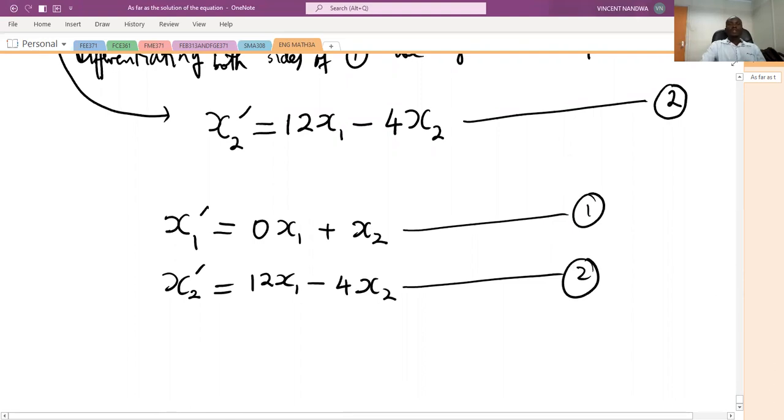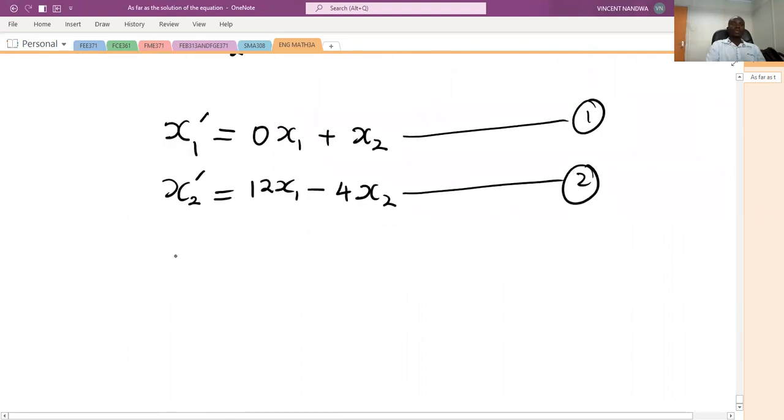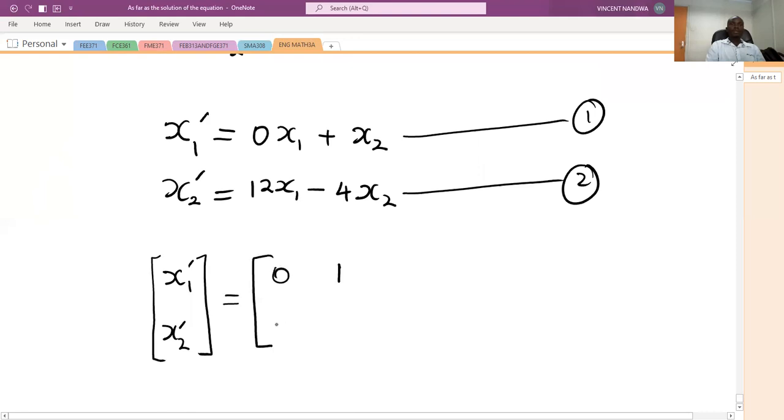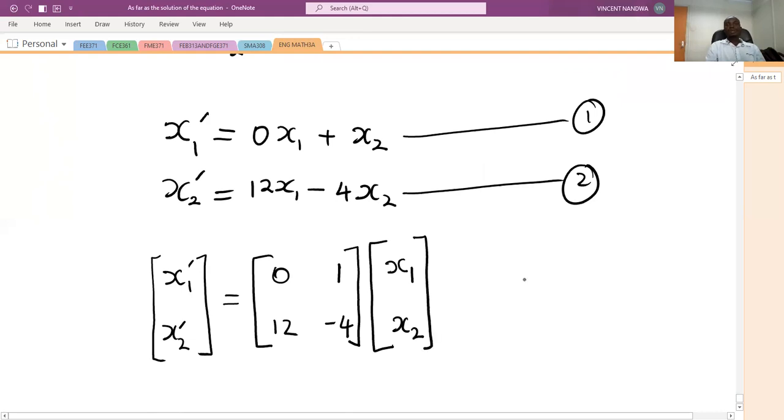Now you write the matrix equation for 1 and 2. So we'll have x1 prime, x2 prime is given by 0, 1, 12, minus 4, times x1, x2. So this is now what we call the matrix equation.